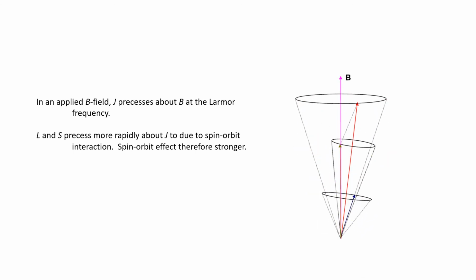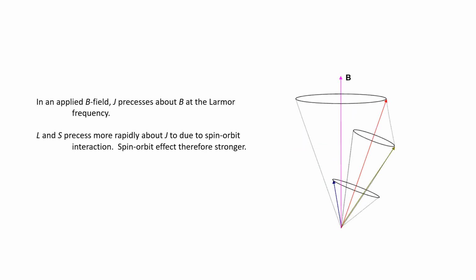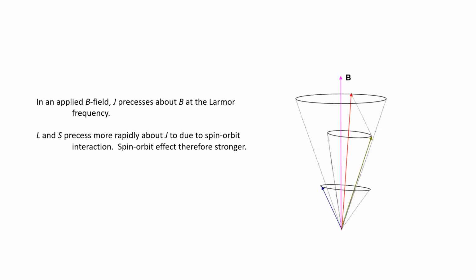Here you can observe that L and S are precessing about J. You can observe this. L and S are precessing, and L and S precess more rapidly about J. Can you watch this?